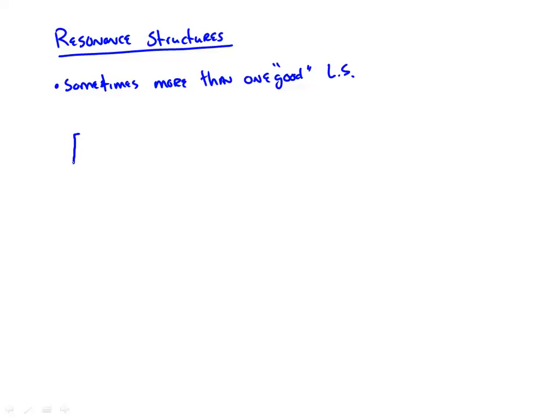One of the ones you should have come across was something that looked like this. And so this is the NO3 minus anion. Oops, those brackets are different sizes. That bugs me.